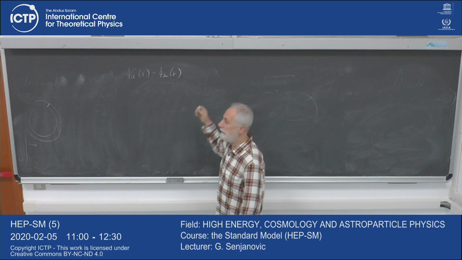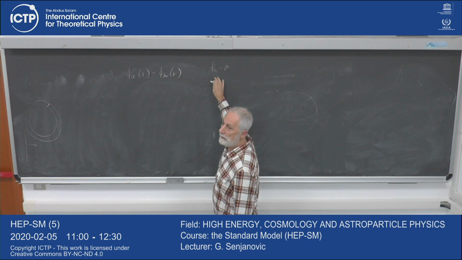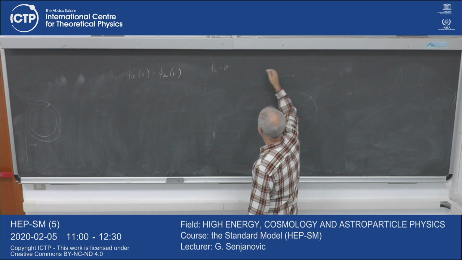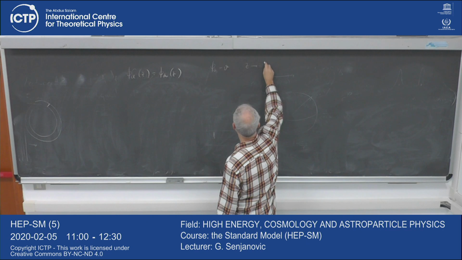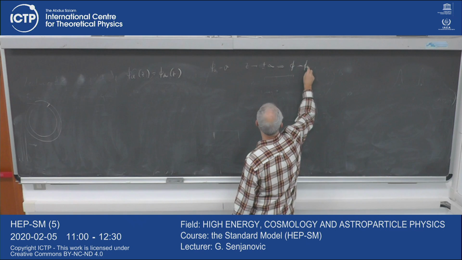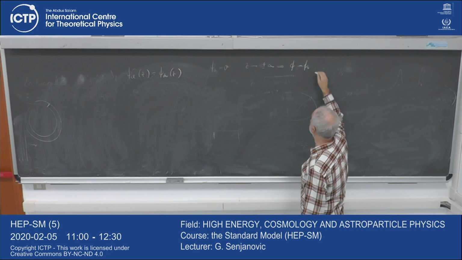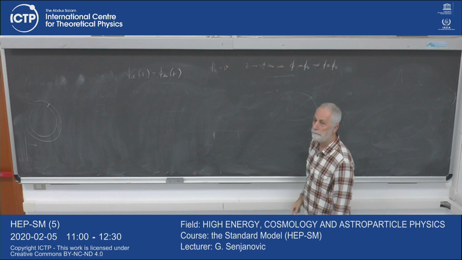Remember I said when I look at the system, there is a trivial solution, for example this. And the boundary condition in this case is, as Z goes to plus or minus infinity, phi goes to phi 0.